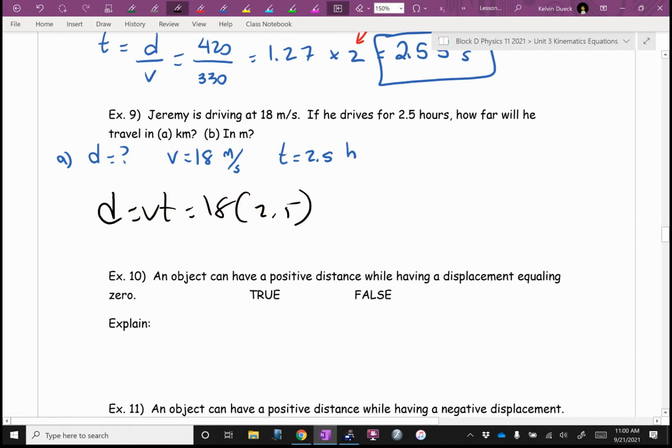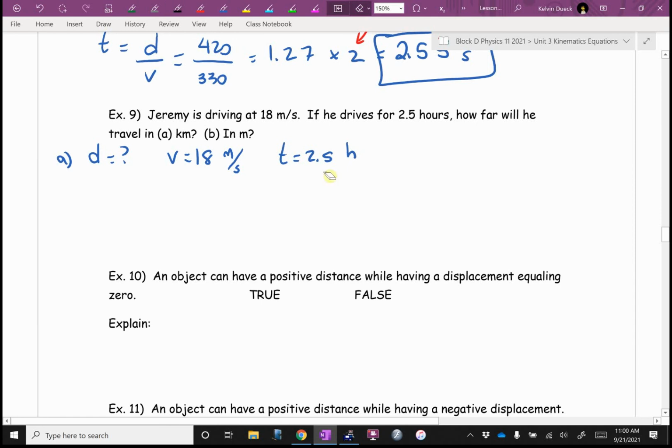Most common mistake, kids don't pay attention to the units. They just start plugging and chugging. So the first thing you want to check if your answer doesn't match my answer key, check your units. What does it say it wants my answer to be in? I think I'm going to change this one to kilometers per hour, and that's hours. That should give me an answer in kilometers.